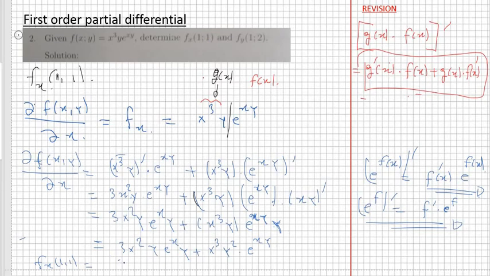I'm going to have 3 times 1 squared times 1 times e to the power of 1 multiplied by 1, plus 1 cube times 1 squared multiplied by e to the power of 1 times 1. If you solve this, you'll get 3e plus e, so that gives 4e.